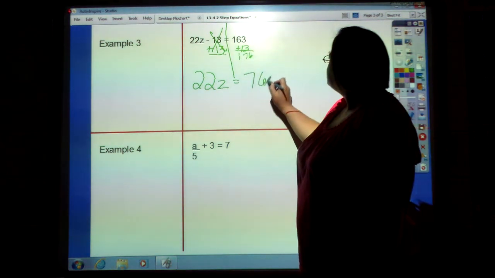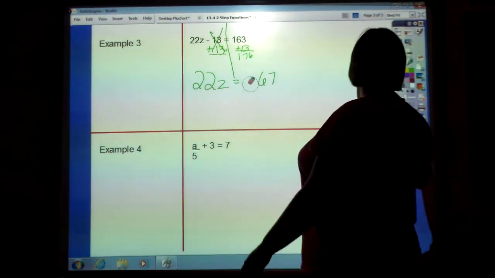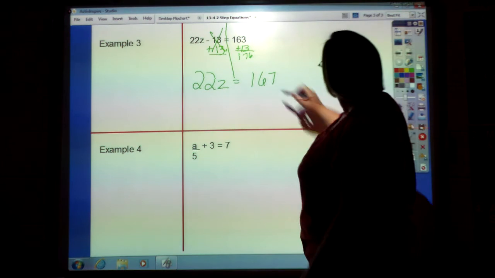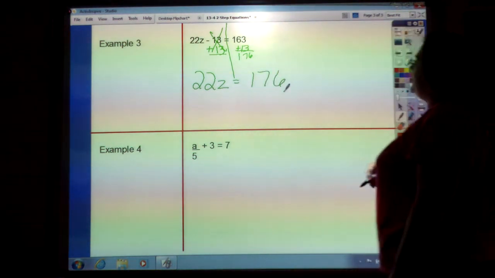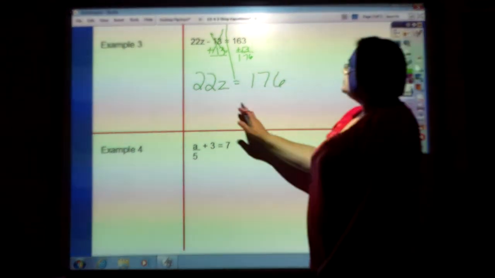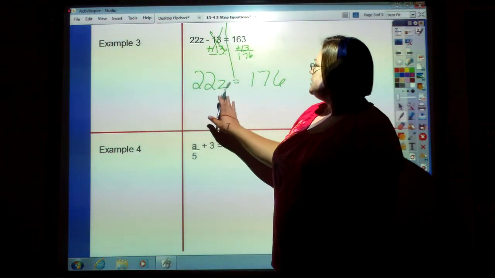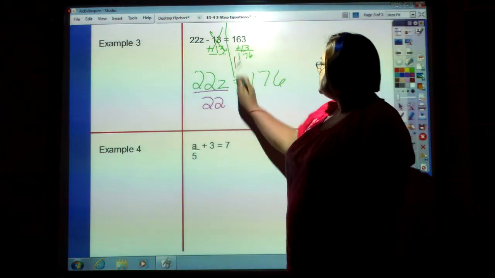Whoops. Oops, I put 167. Then we have 22z equals 176. So we want to get rid of this 22. We have this smushed up together, which means multiplication, so we divide on both sides.